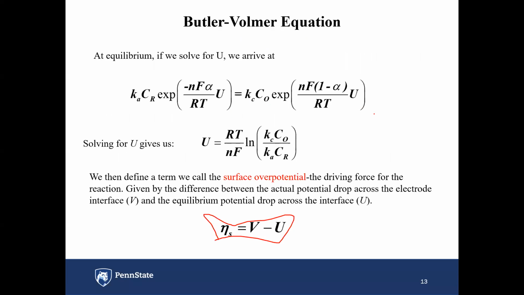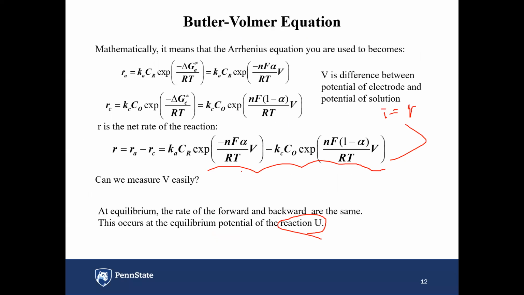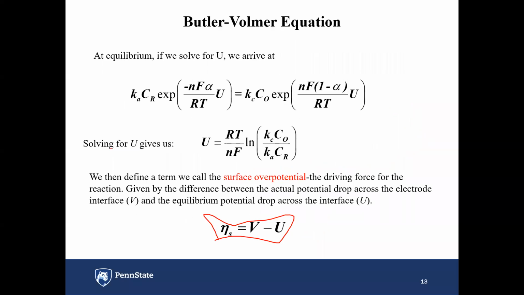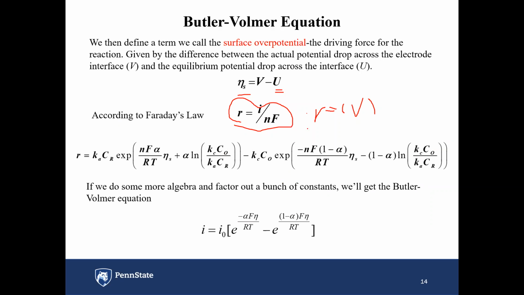We know R is a function of V. This is what we already got here, so we just plug the I into this equation. And V is equal to the eta surface plus the U, right? So by arranging everything, we can write the total flux equal to this.